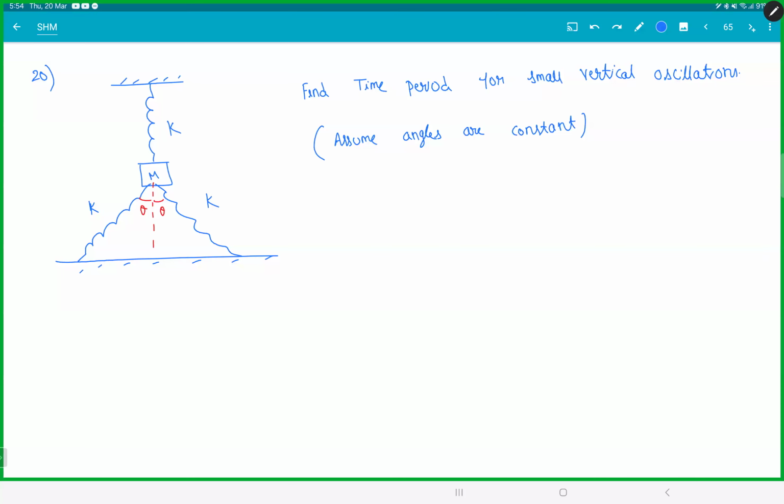M by k sine. K sin. Sin or sine or what is that exactly?